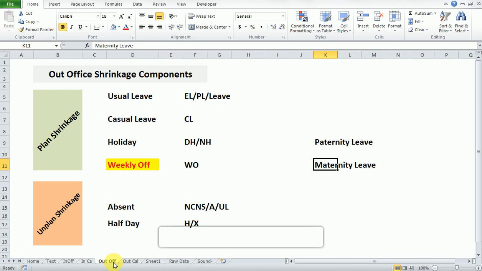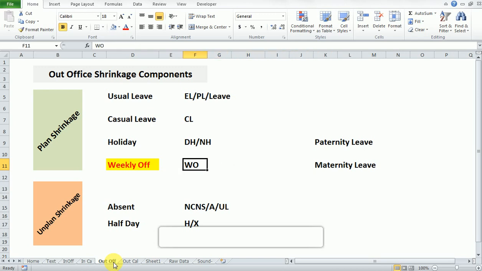For these two types of leaves, paternity leave is allotted with operation manager approval, and maternity leave with HR manager approval. So these would be considered in the non-shrinkage part, because maternity is 6 to 9 months leave.